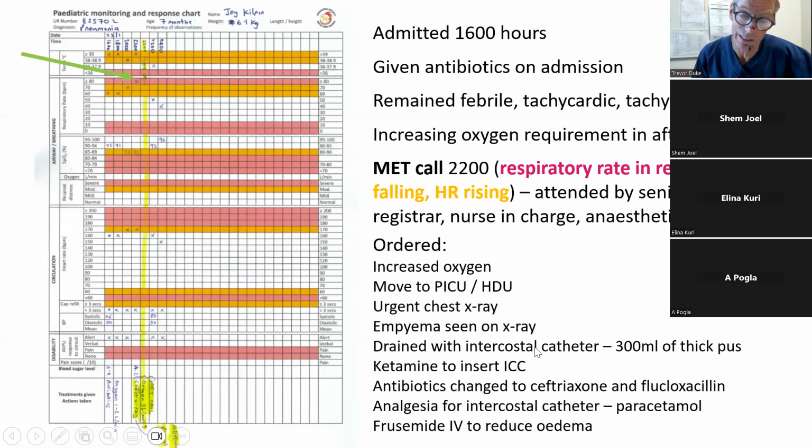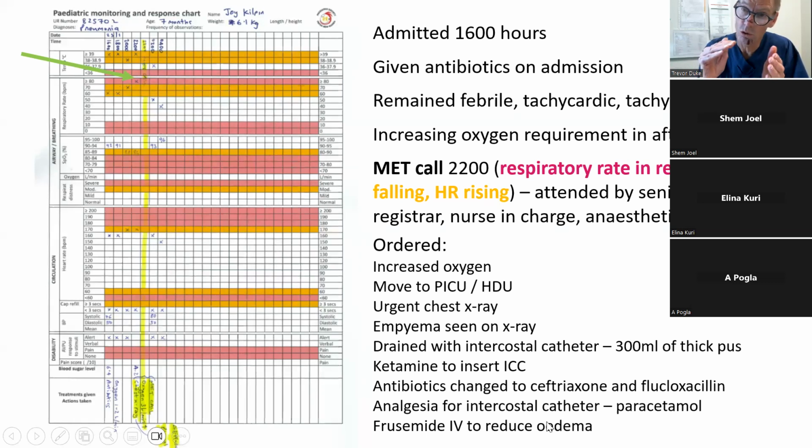All of those things are explained by the empyema that wasn't detected at the time she presented, but became more manifest some hours later. So overnight, she had 300 mils of pus drained from her chest, the left side of her chest. She just received some ketamine to insert the intercostal catheter. She had her antibiotics changed from penicillin to ceftriaxone and flucloxacillin, and she had some analgesia for the intercostal catheter and some frusemide to reduce her edema.